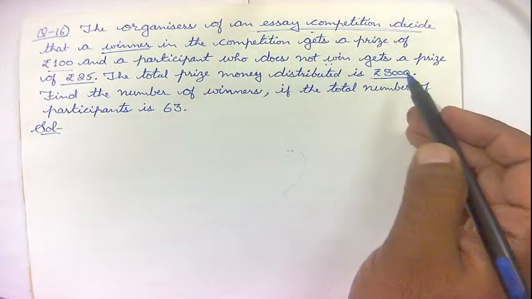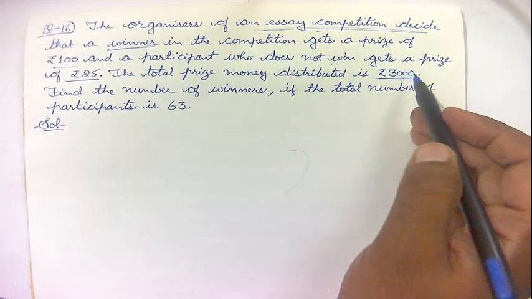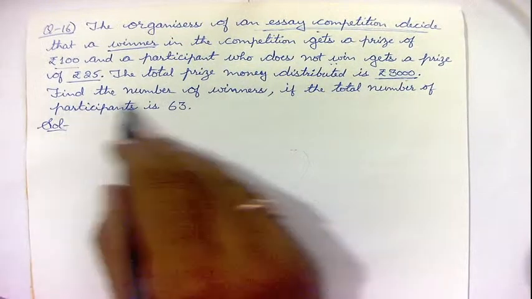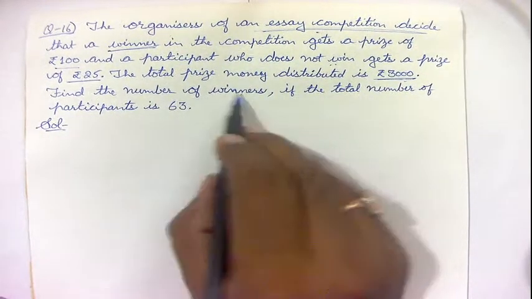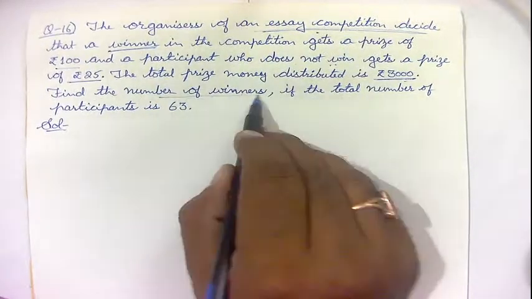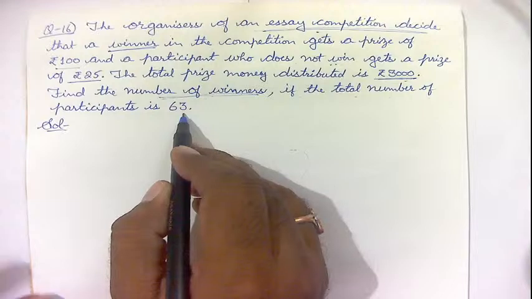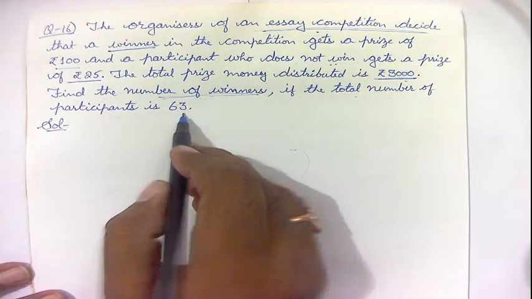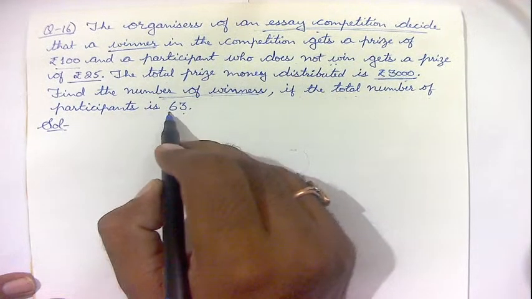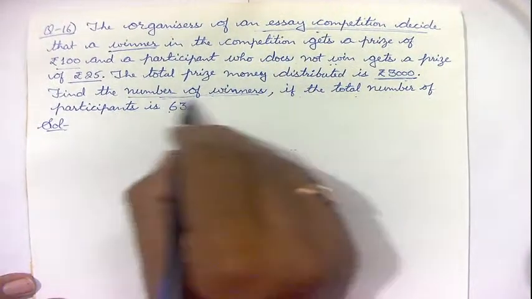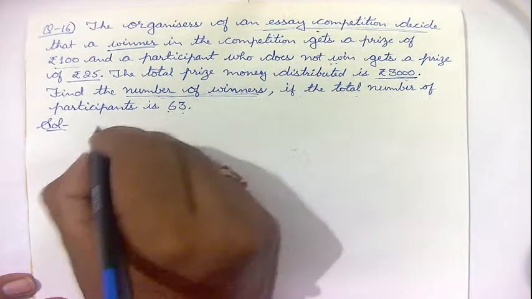जितनी भी प्राइस डिस्ट्रीब्यूट की गई है उसका टोटल अमाउंट कितना बनता है 3000. Find the number of winners. Now we have to find out how many winners are there if the total number of participants is 63. यदि 63 participants थे उसमें कंपटीशन में, तो आपको ये बताना है नंबर ऑफ विनर्स कितने हैं.